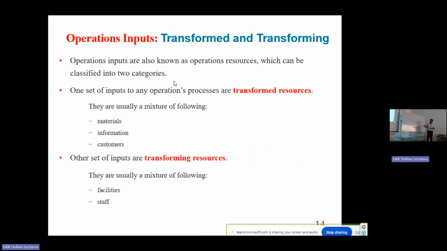One is called transformed resources, which are of three types. The second category is called transforming resources. In this model, they are classified into two subcategories. Clear? It's very simple and understandable.